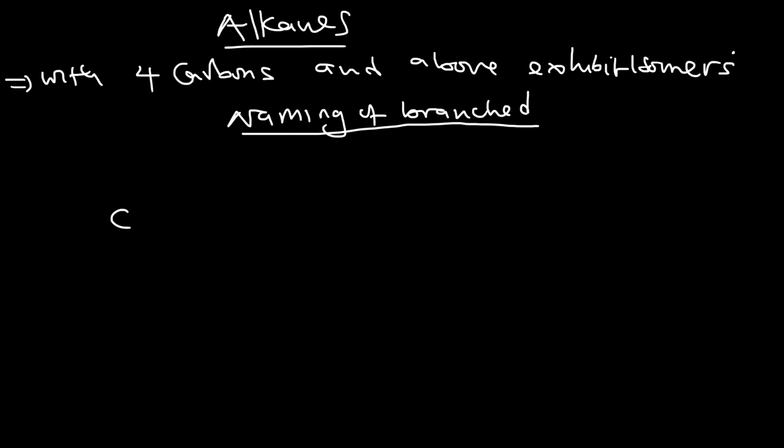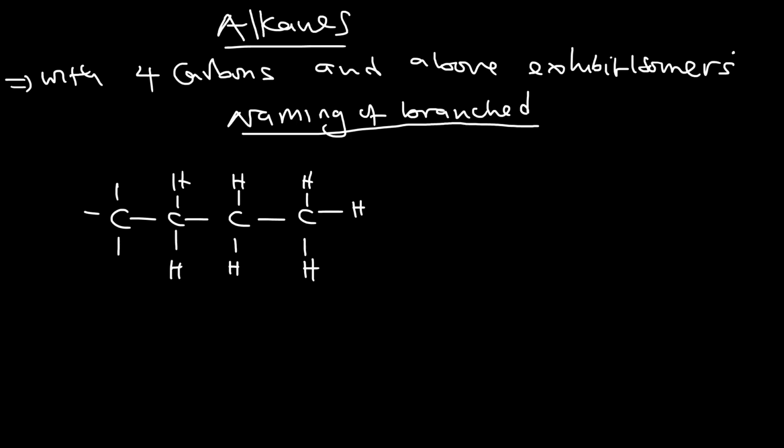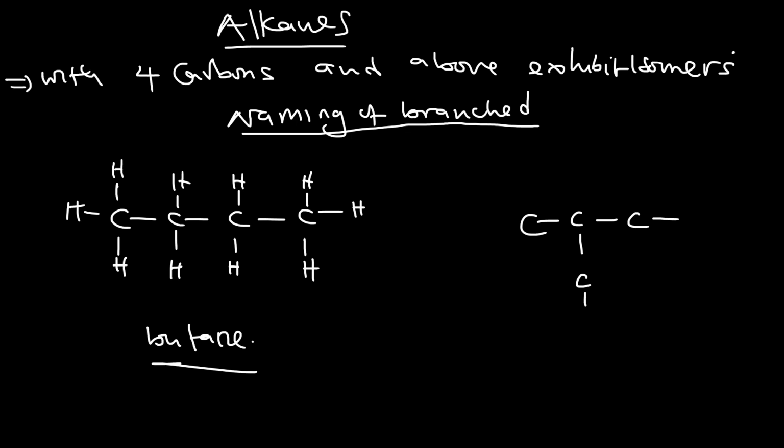So in this case, we look at the one with 4 carbons. What do you call it? Do you remember? Of course, butane. So butane is like this in terms of structure. Now, this is the one that we know, and it is called butane. But this butane can also be written with 3 carbons like that, and then the other carbon down here.